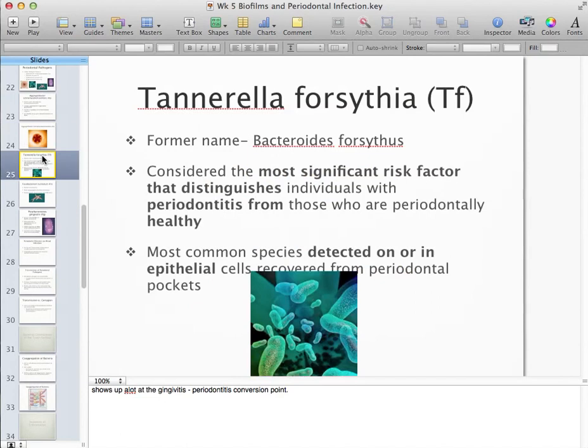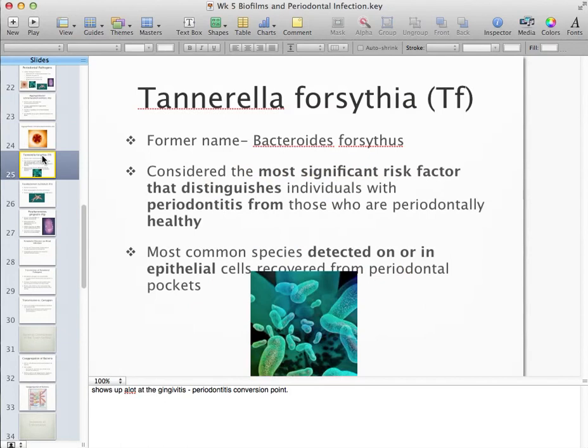Tannerella forsythia. Tannerella forsythia is the most significant risk factor that distinguishes individuals with perio from those who are healthy. It's the most common species detected in epithelial cells from a perio pocket.